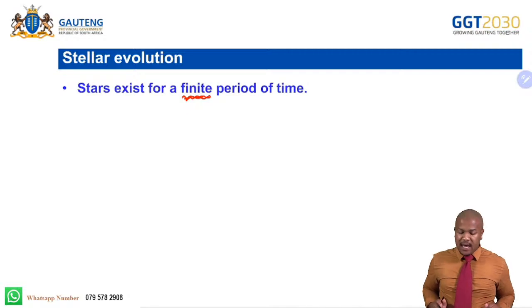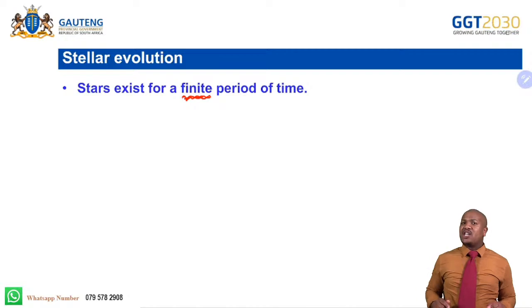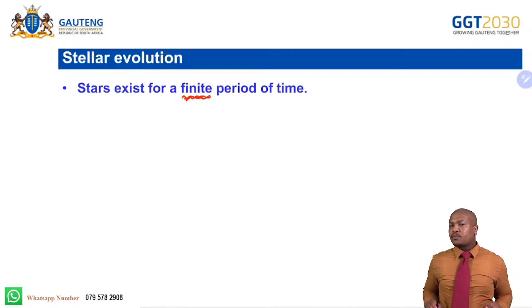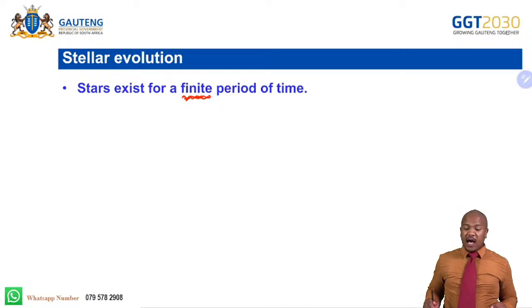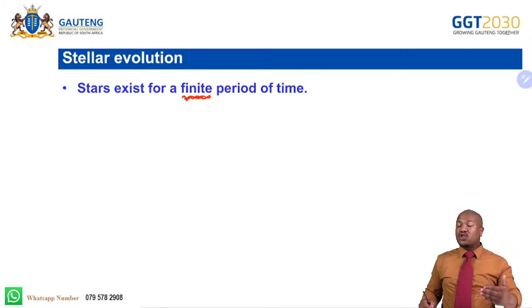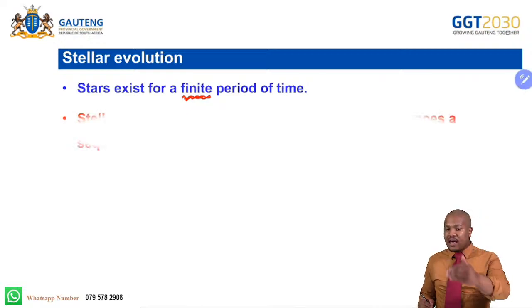Are we together? They are born, they live, and they die, just like us as human beings. We are born, we live, and we die. So stars are also the same. They live for a finite period of time. They are born, they live, and also they die out.